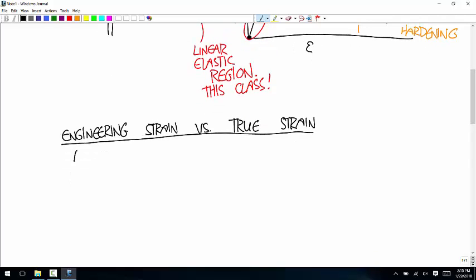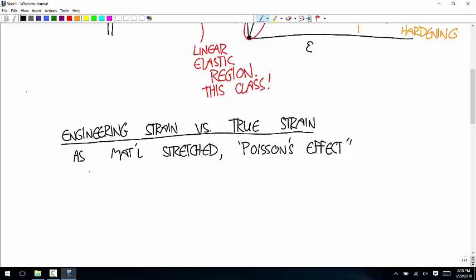Okay, so as the material is stretched, Poisson's effect causes the material to contract along the off axes.